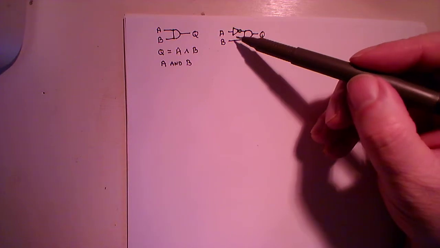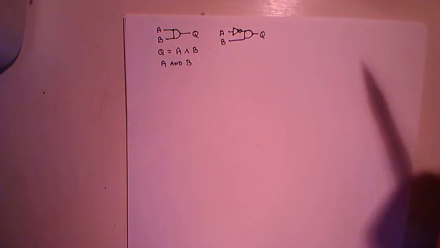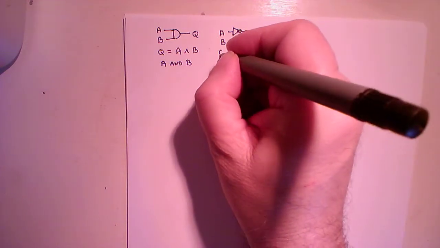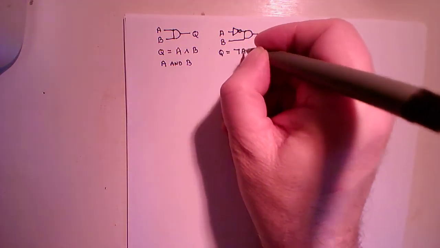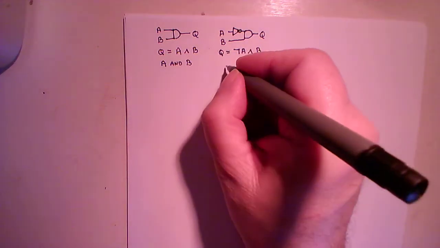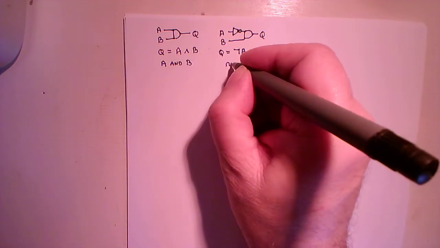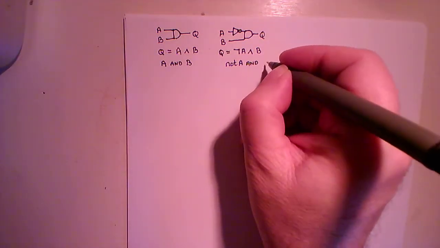But now I've got a NOT gate on the A leg. And that would be written in algebra as Q equals NOT A AND B. And in programming it would be NOT A and B.